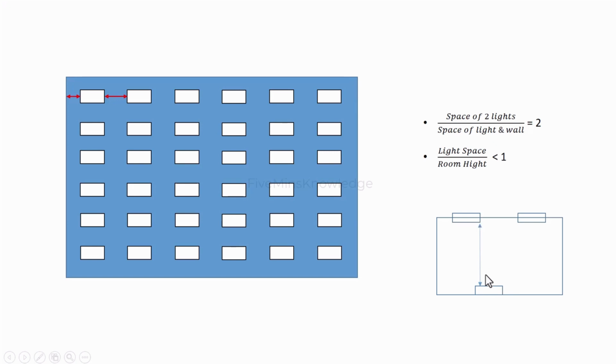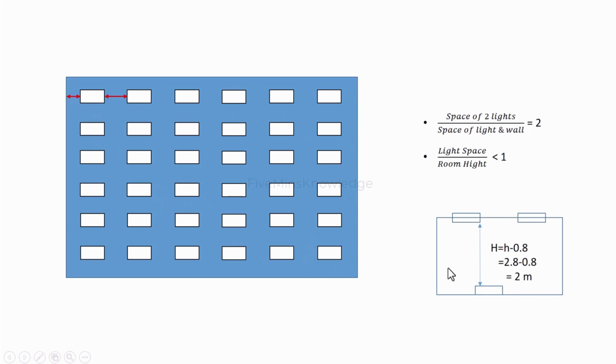Suppose this height is the room height from the working plane to the light, so this height will be h minus 0.8. If we don't have any particular measurement, we basically take this working plane height as 0.8 meter. So the ratio of this gap between the two lights and this resultant height should be less than 1. These two conditions should be matched while placing the lights like this.